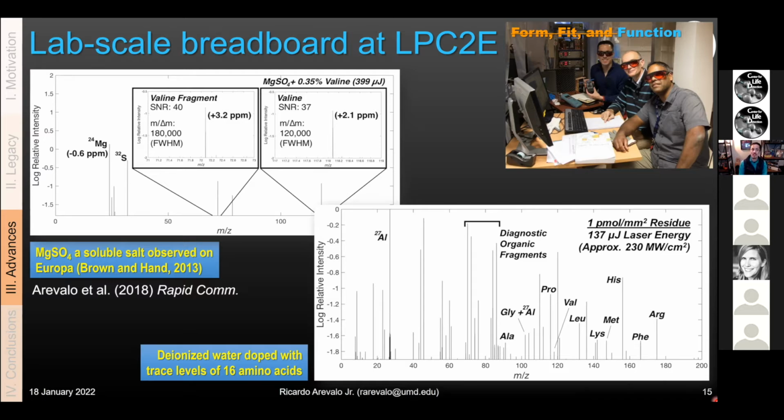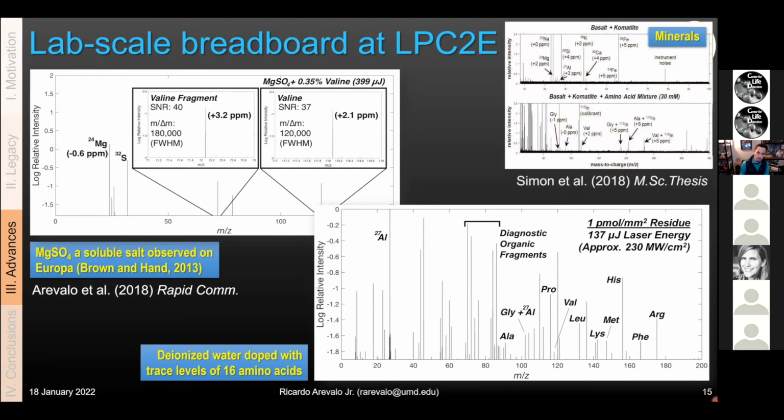As I said, detection limits are specific to an analyte and specific to the experiment, but it's their pass-fail criterion for their different models, right? Their engineering test unit, their flight model, their flight spare, et cetera. That's kind of like their bar to allow for a comparative analysis of their different models. But we wanted to see, can we see those same signals?